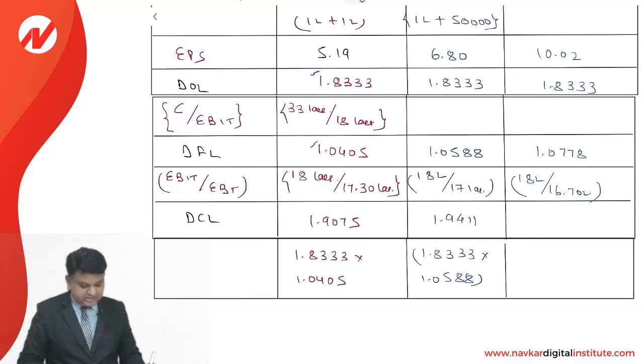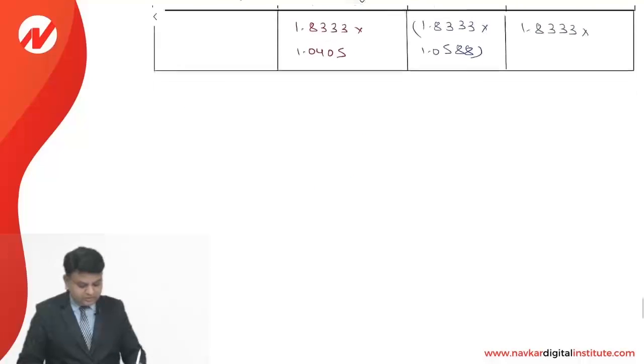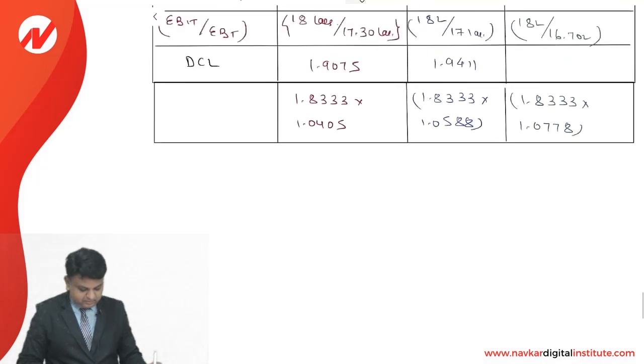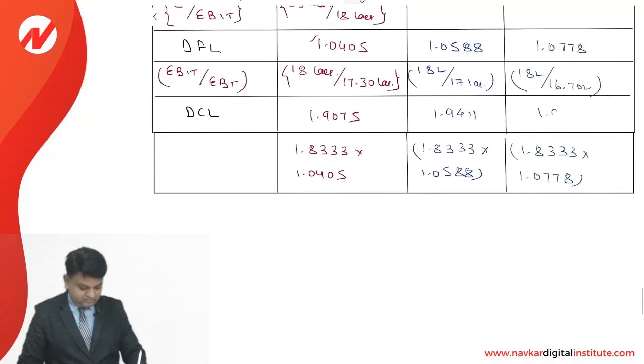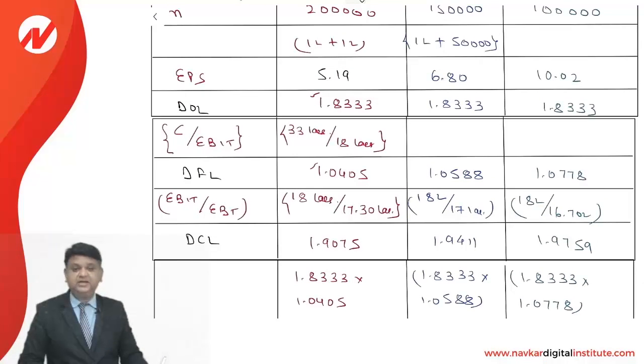So as far as the DCL is concerned, it is 1.8333 into 1.0778. That comes to 1.9759. This is the way DCL, degree of combined leverage, can be calculated.